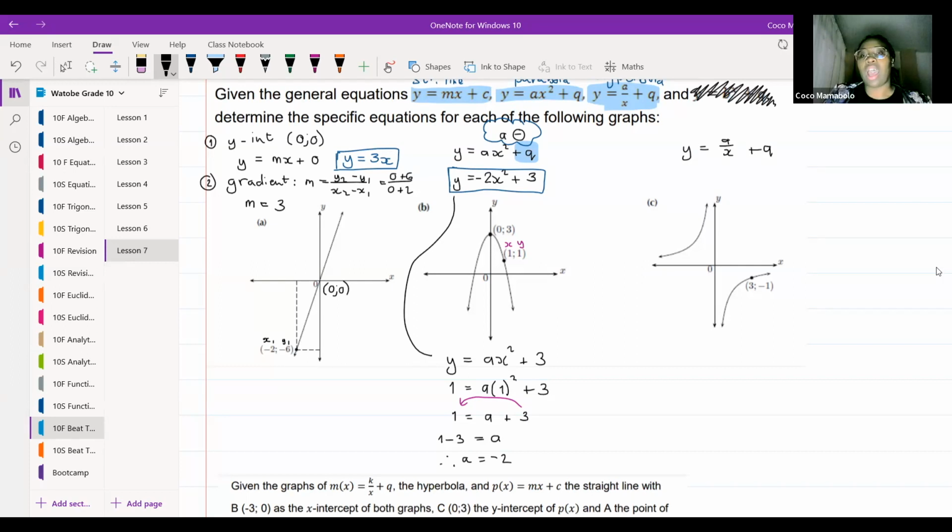Now, our graph is in which 2 quadrants? Give me the 2 quadrants, guys. Good, 2 and 4. That's it, Kimutluku. So what do we know about A then? A needs to be negative.